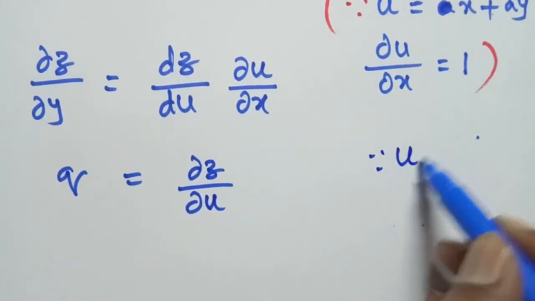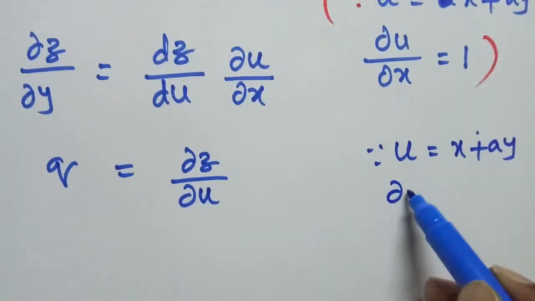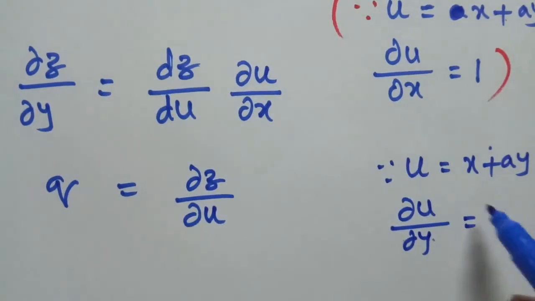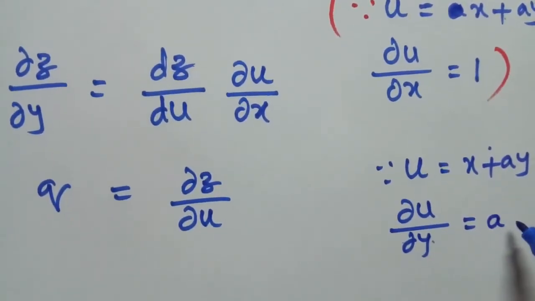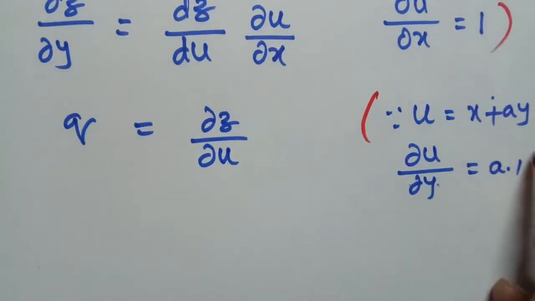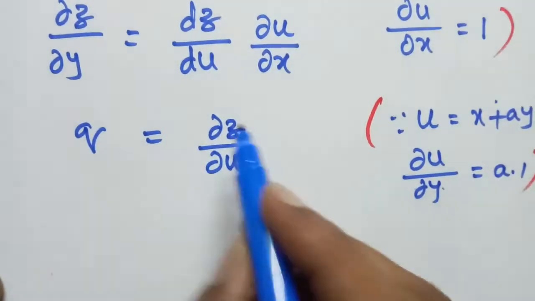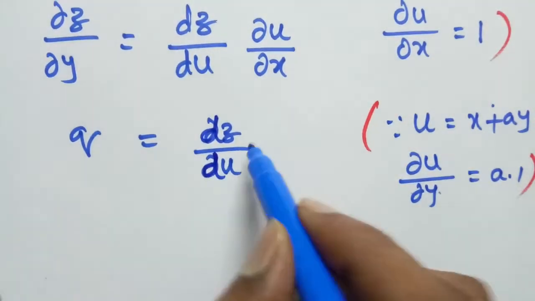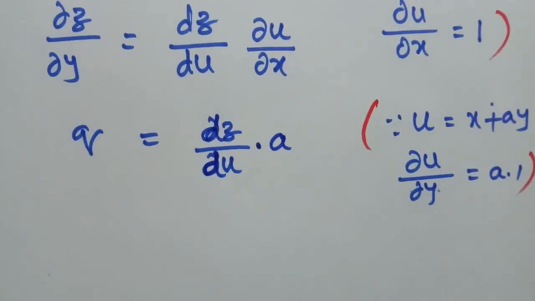Since u is equal to x plus ay, partially differentiating with respect to y, x gives 0, a into derivative of y is 1, therefore dou u by dou y is equal to a. Here dz by du into a, therefore this is q.